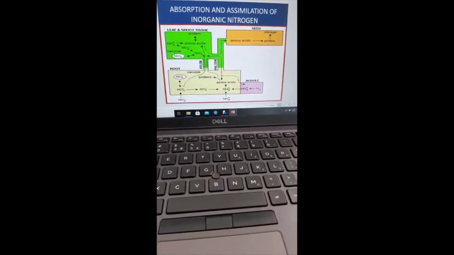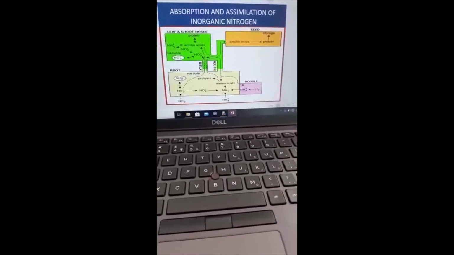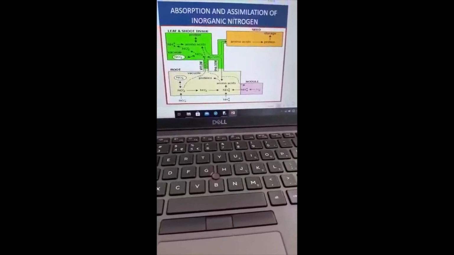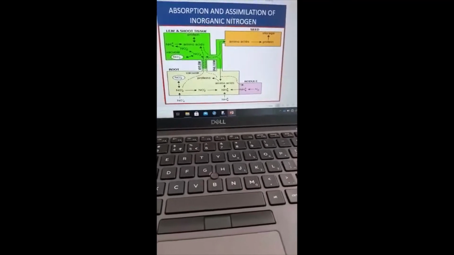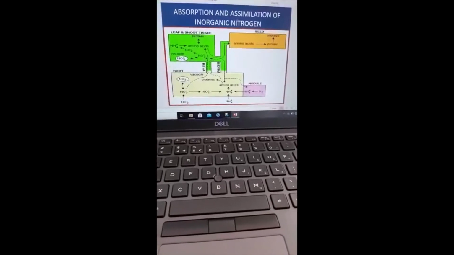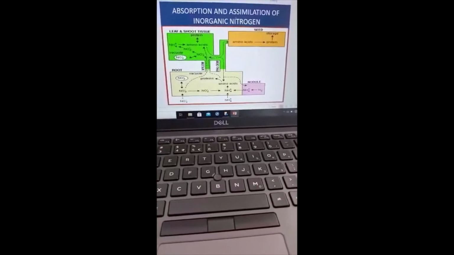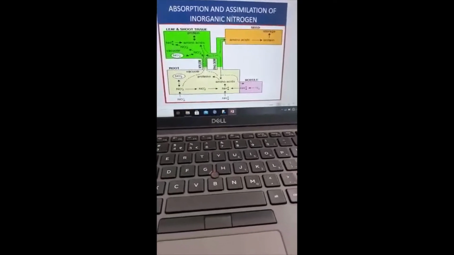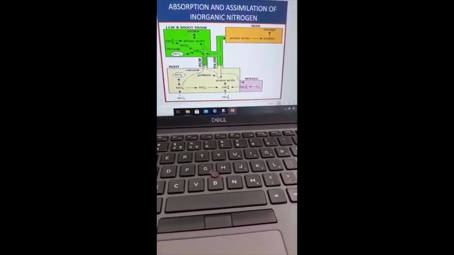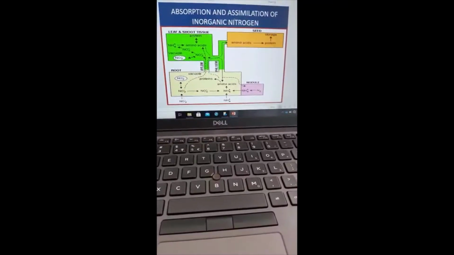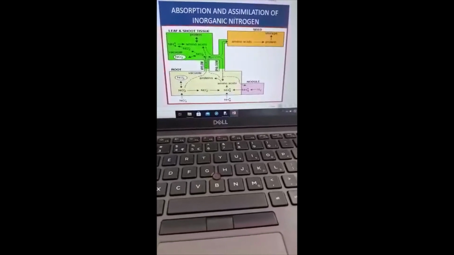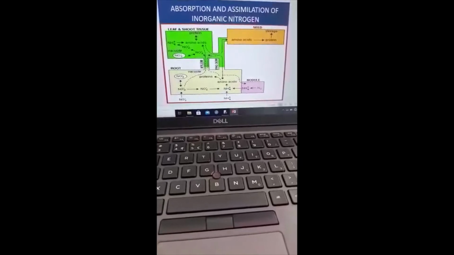So roots can get ammonium from the nodules if the plants are nitrogen fixers, but they equally can also get ammonium by absorbing it from the soil. Plants, however, can only get nitrate by absorbing it from the soil, because the end product of nitrogen fixation is ammonium and not nitrate. So nitrogen in the form of nitrate can only be absorbed by the roots of the plants from the soil.